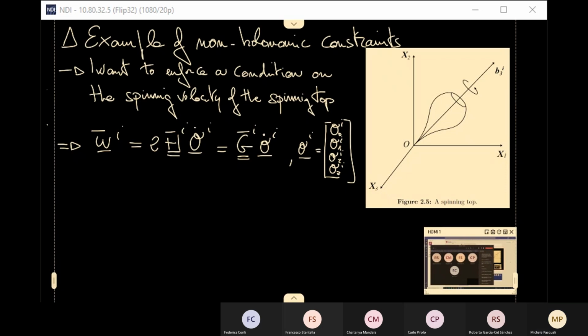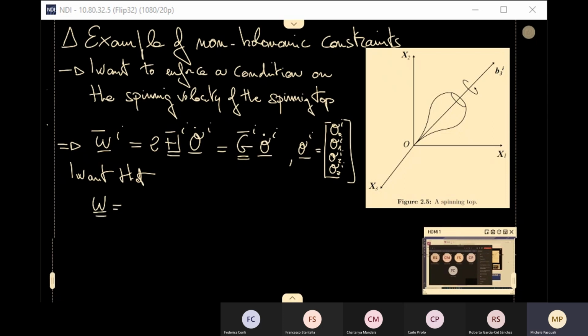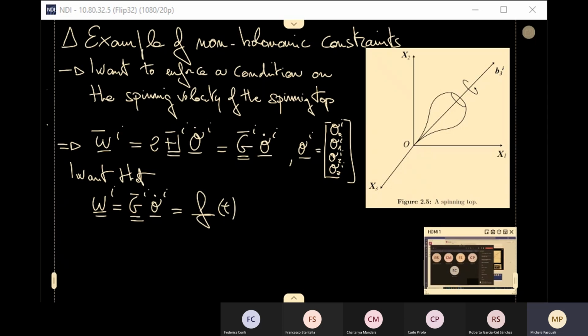Well, what do I enforce? I want that omega, which is again G I theta dot I, must be equal to a certain function f of t, a vector function of t.